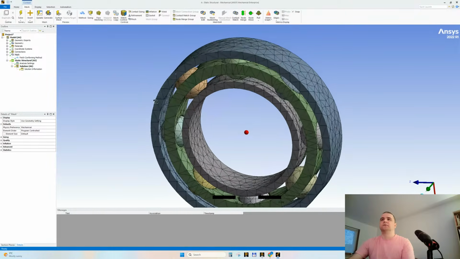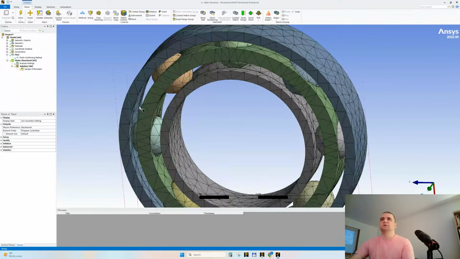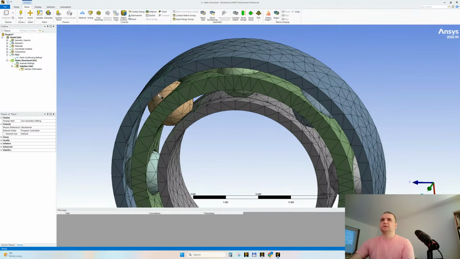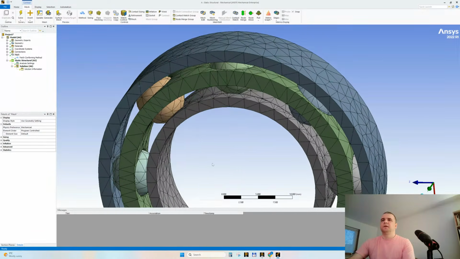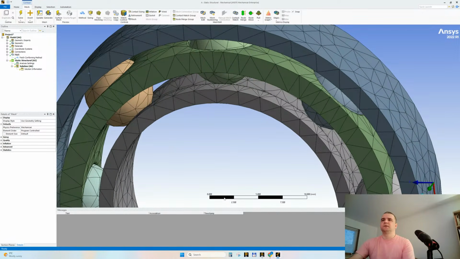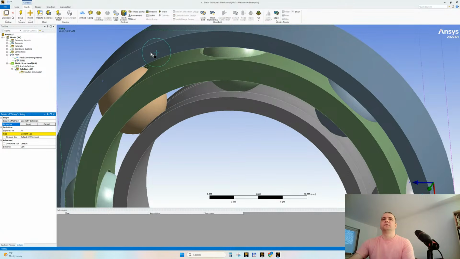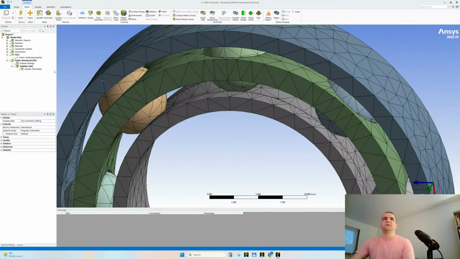And in order to avoid problems, let's get a feeling about the sizing. The sphere diameter, if I remember, is around 7 millimeters. Let's make an element size around maybe 1.5, for default, for everything. Or maybe 2. Generate mesh.